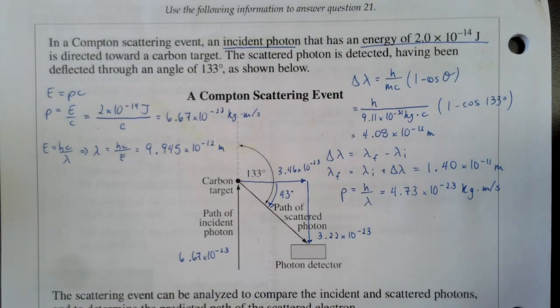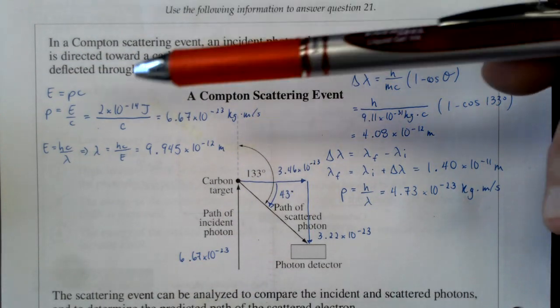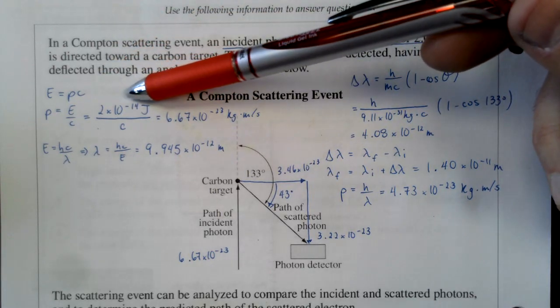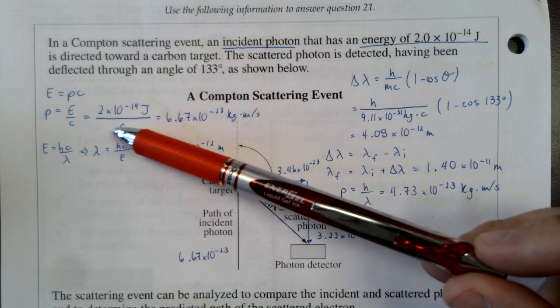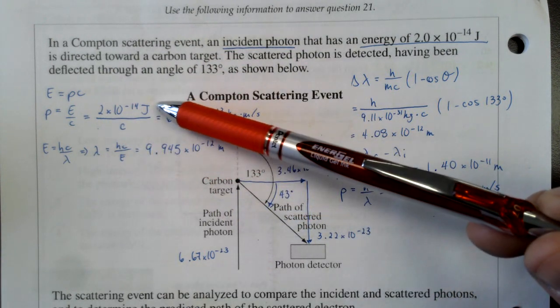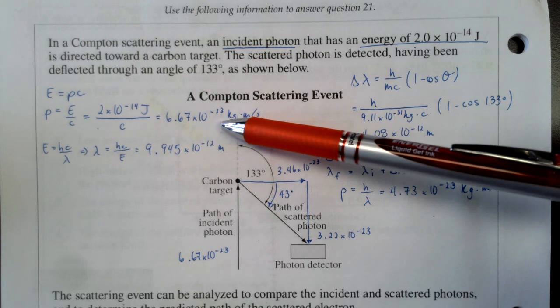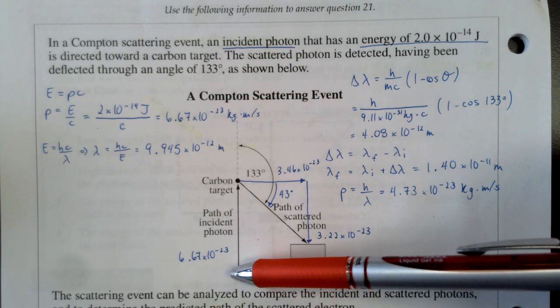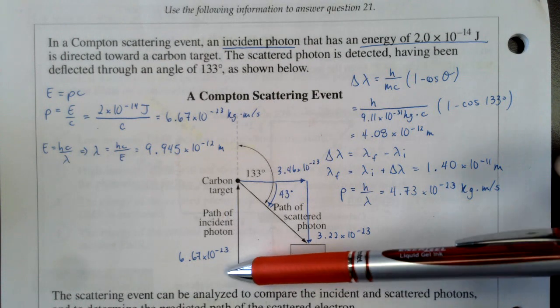Okay, first, I have the energy of the photon coming in. Now I use the momentum calculation using that energy to find the momentum of the initial photon. Okay.